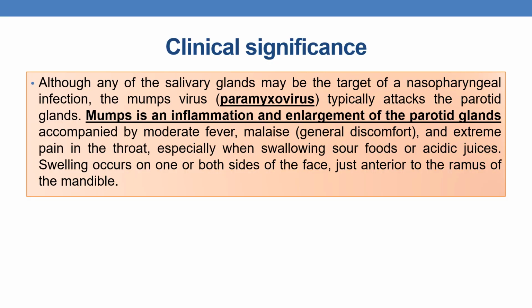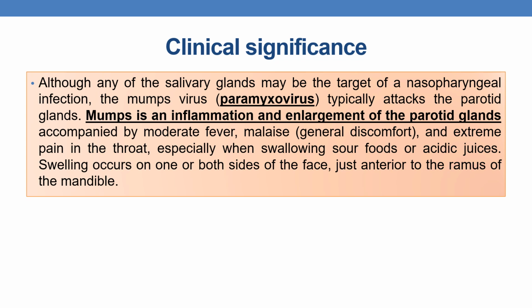Coming to the clinical significance, although any of the salivary glands may be the target of an infection, especially in case of mumps, which is caused by mumps virus, a paramyxovirus, it typically attacks the parotid glands.